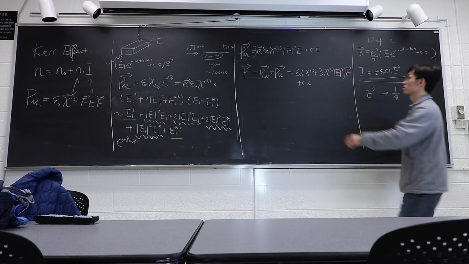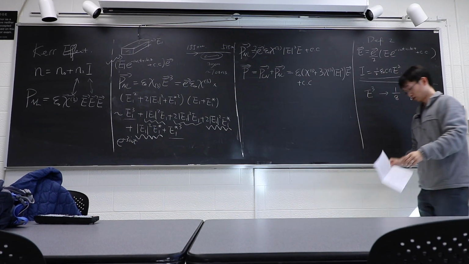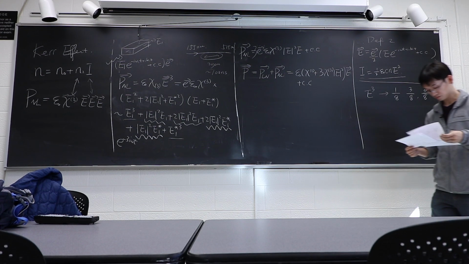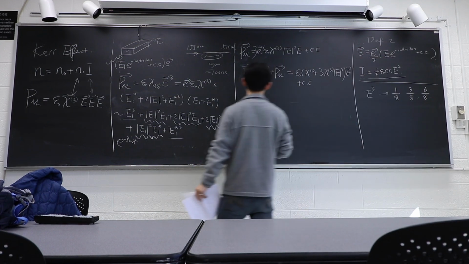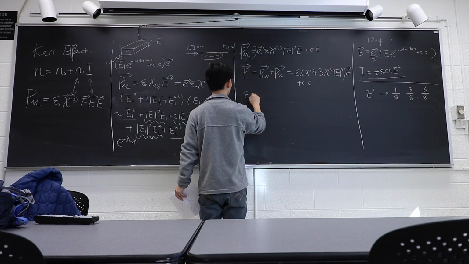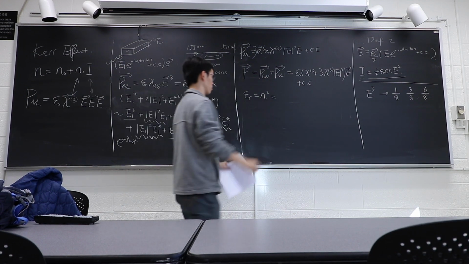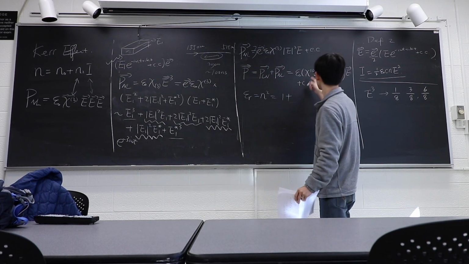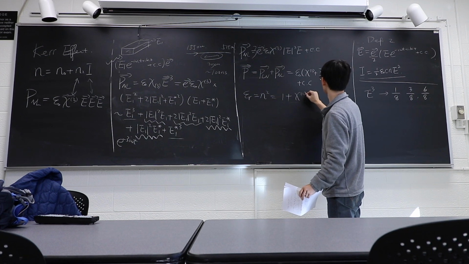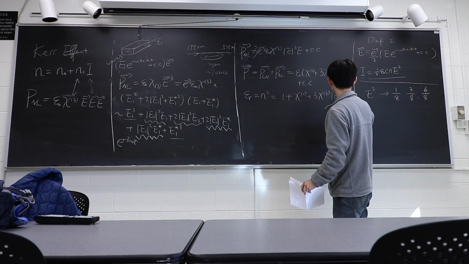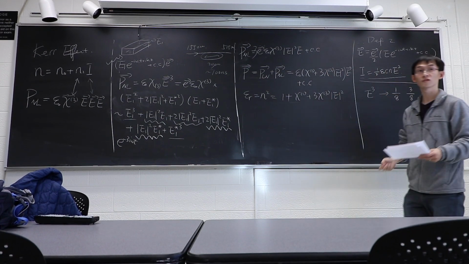Okay, the linear part is just chi. And we do this a lot of times in this class. Okay, equals 1 plus this thing.